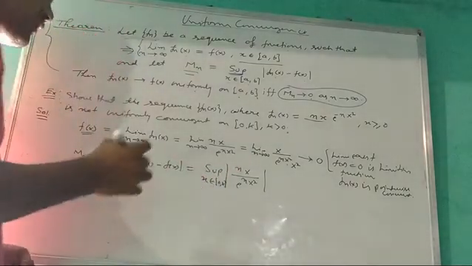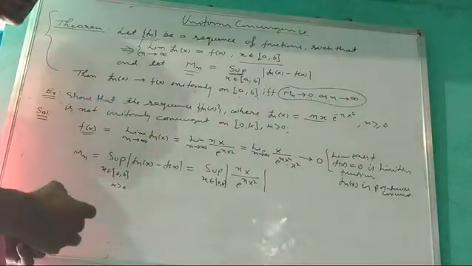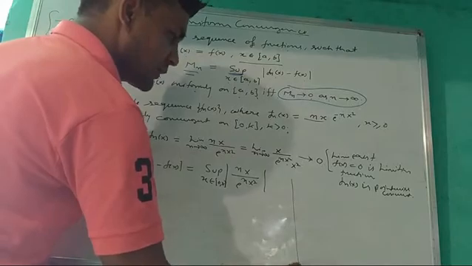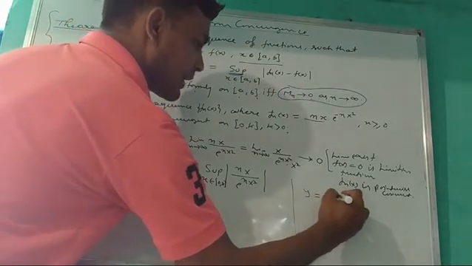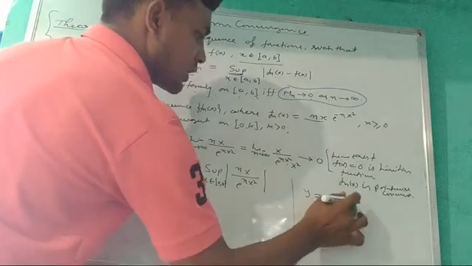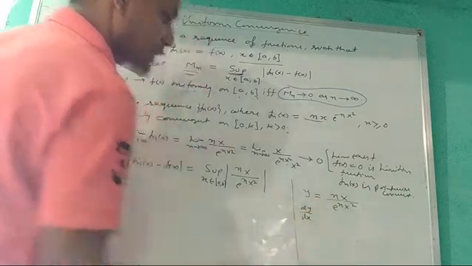Okay, and for finding the supremum of this function, we are using the same process of maxima and minima. Let y equal n x upon e to the power n x square. Find dy upon dx.